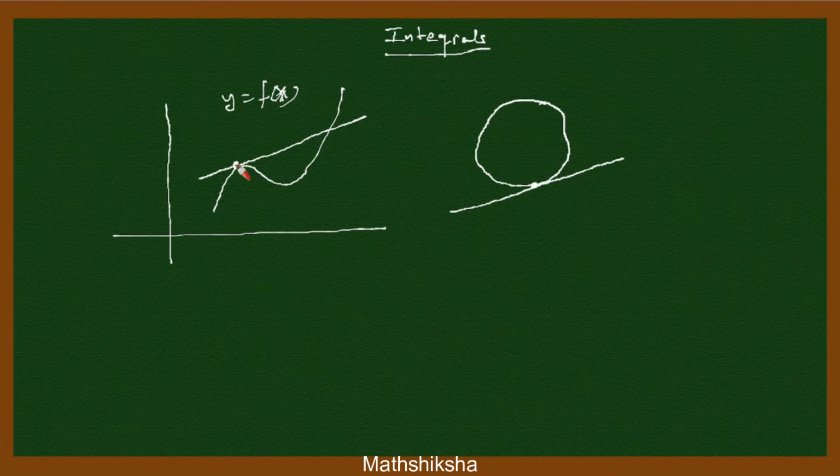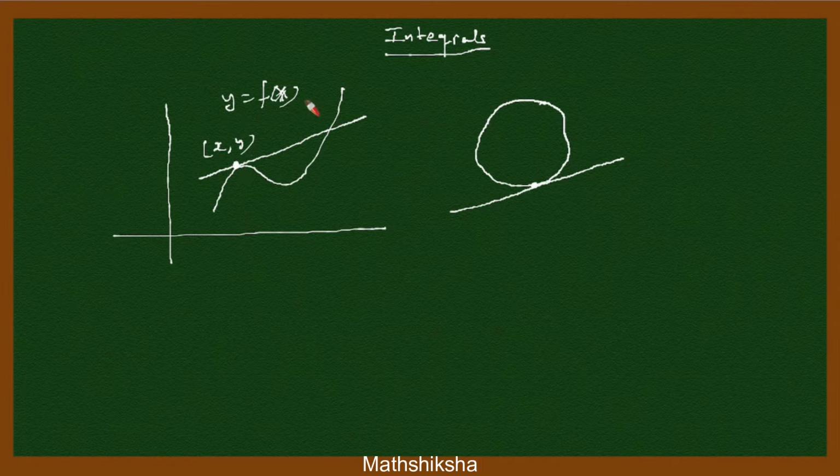So derivative gave us the tool to find the slope of the tangent at any point (x, y). With the help of derivative, we could draw the tangent to the given curve y = f(x) at the point (x, y) if that function was differentiable at that point.